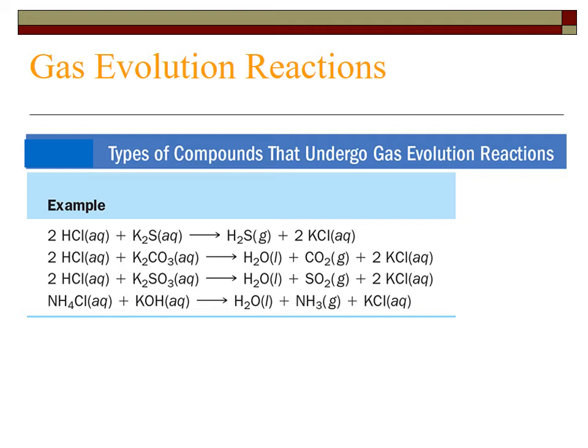What would we see as a subscript for a precipitation? We would see an S, because precipitation reactions generate solids. So if I see an S, it's a precipitation. If I see a G, it is a gas evolution.